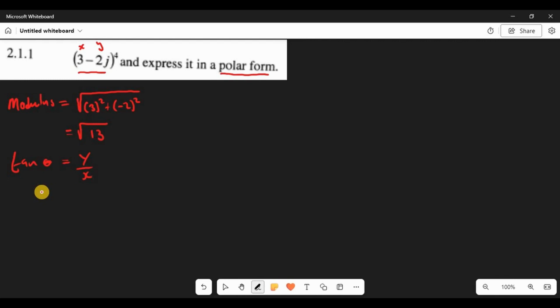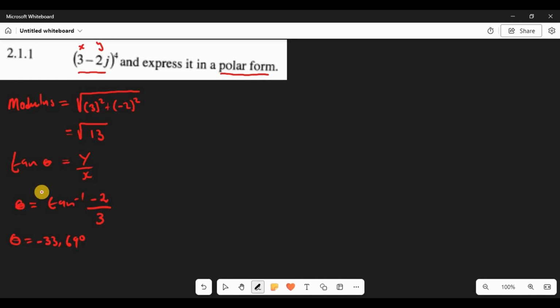So all you have to do is say theta, in this case the argument, equals arctan of y, which is negative 2, over x, which is 3. When you put this in a calculator, your argument is going to give you negative 33.69 degrees. So this is your argument.